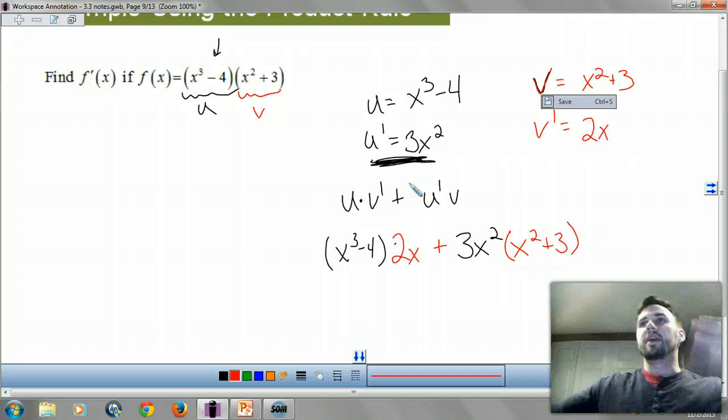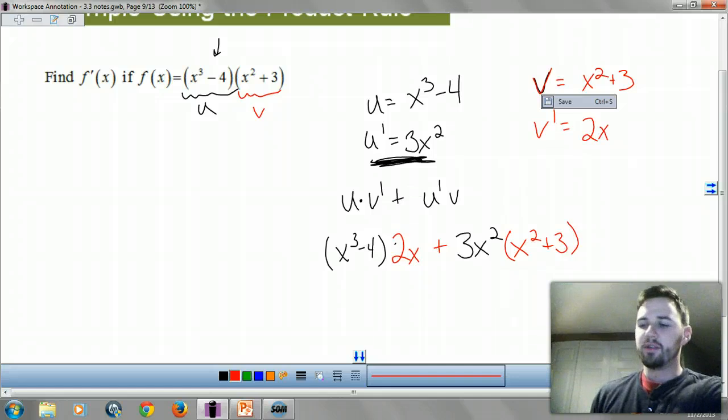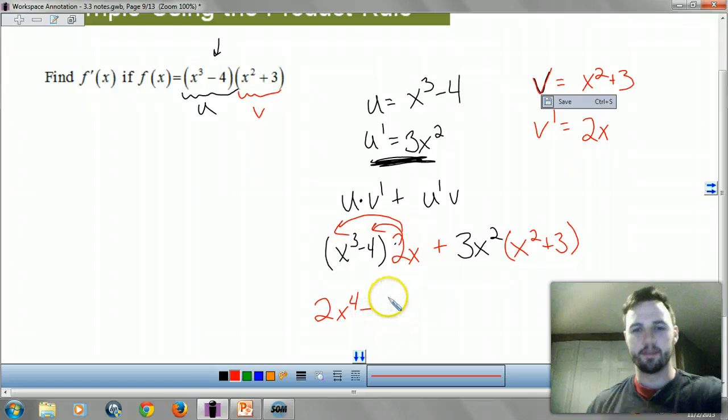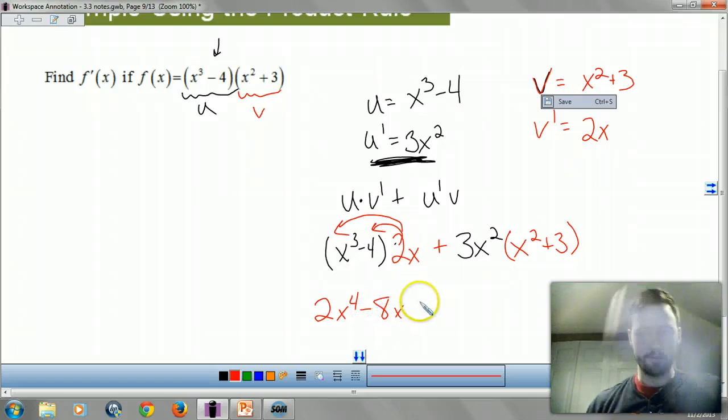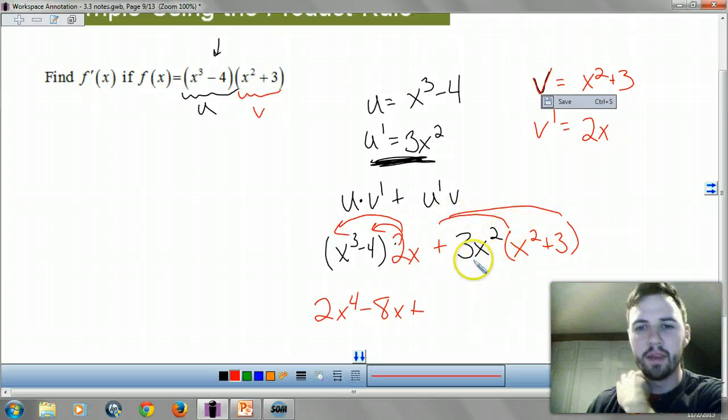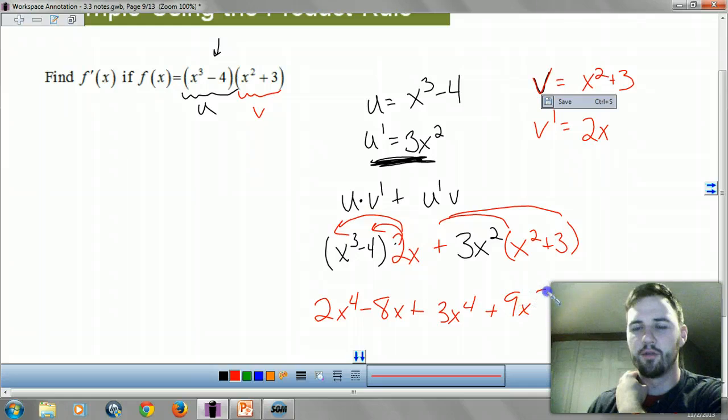And then all you do is have to distribute, add like terms, and you're done. So let's take a look at this. That 2x has to hit both those, so you get 2x to the fourth minus 8x, right? Plus 3x squared has to hit both of them. 3x squared times x squared is 3x to the fourth plus 9x squared.